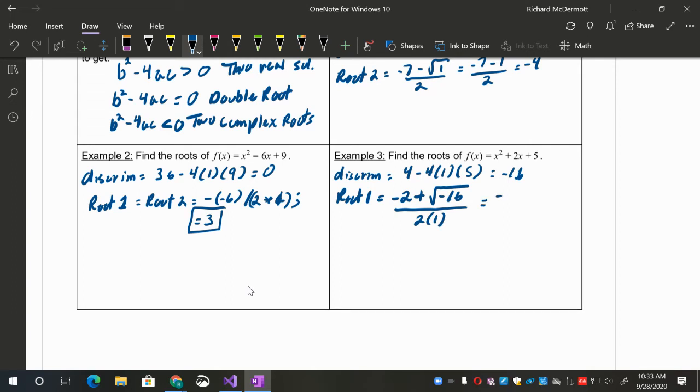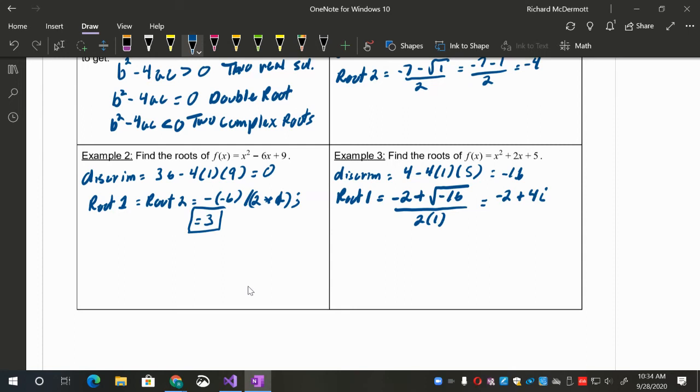So we have negative 2 plus, the square root of negative 16 is 4i. Now, the computer will freak out if you try to take the square root of a negative number. So you're going to have to think about how you actually take the square root of a negative number in your head. When you take the square root of a negative number, you just take the square root of 16, and then because the discriminant is negative, you tack an i on the end.